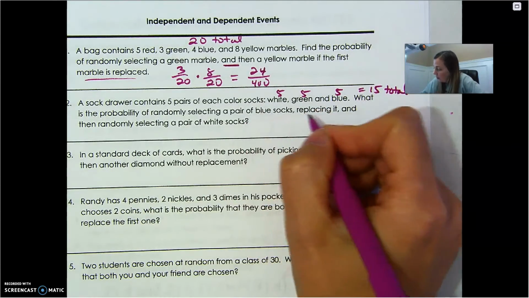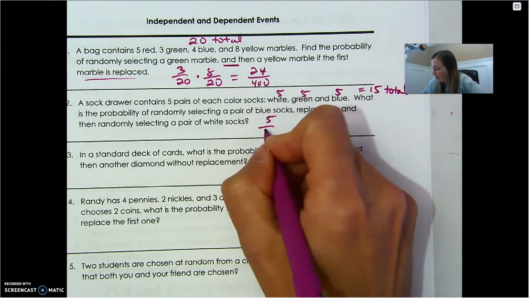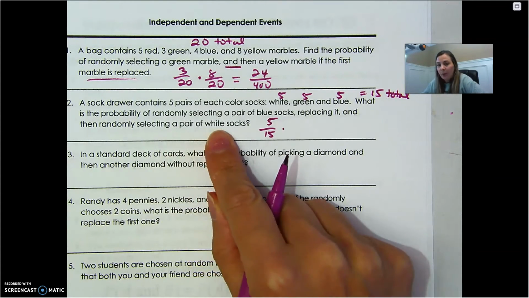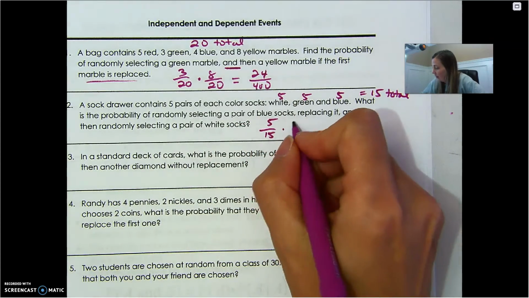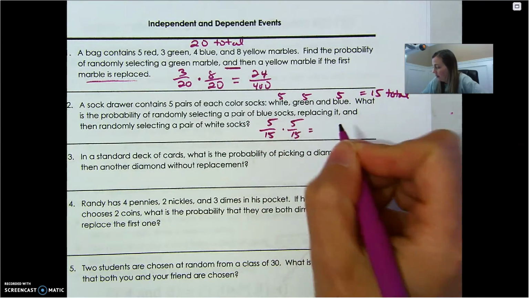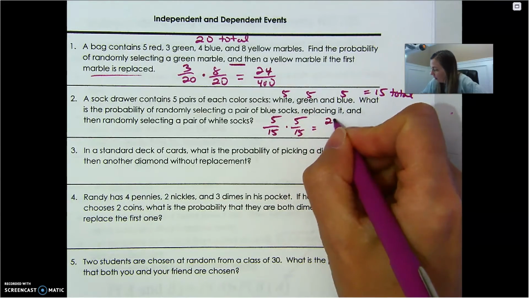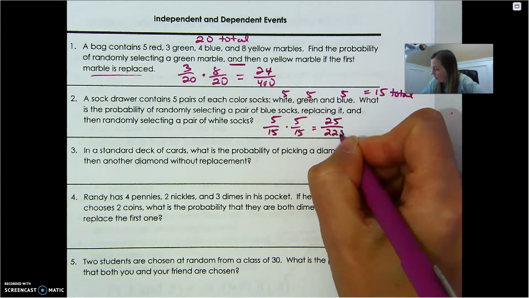Okay, so blue socks, we have 5 pairs out of 15. We put it back, whatever we drew, and then we draw again, this time hoping for a white. White is 5 out of 15. All right, so multiplying straight across, 5 times 5 is 25. 15 times 15 is 225.